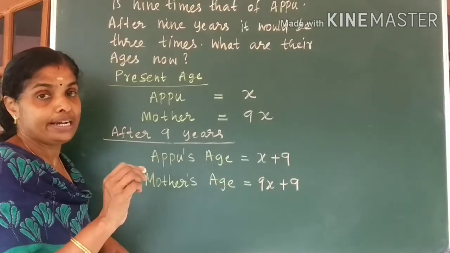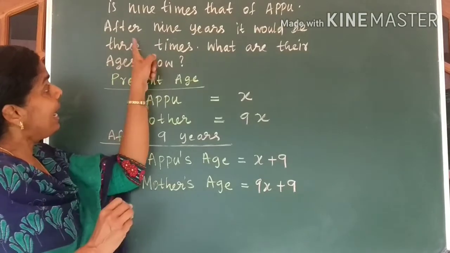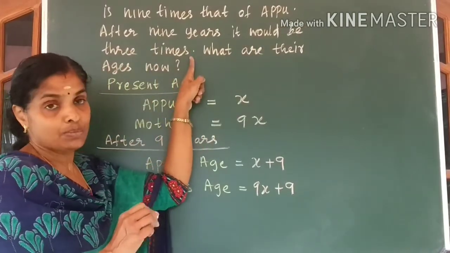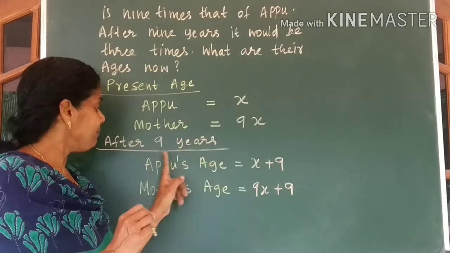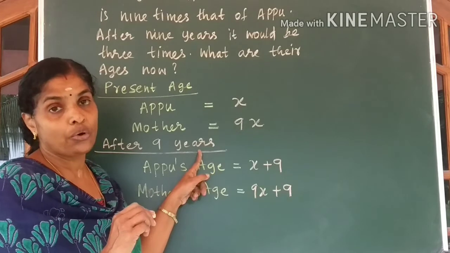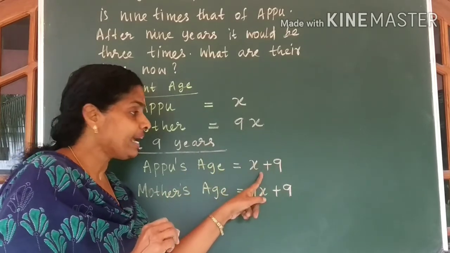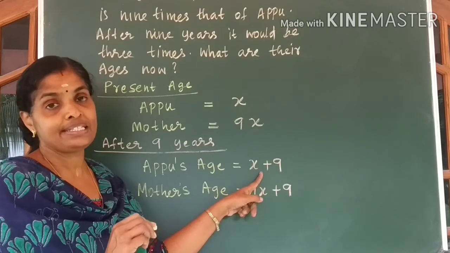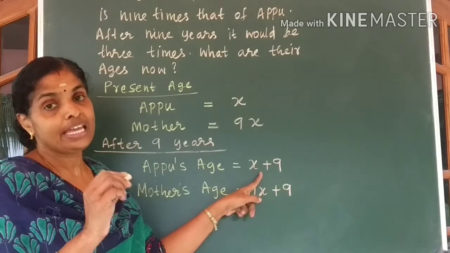Now use the given condition. After 9 years, you are given mother's age is going to be 3 times that of Appu. Okay. So using this, let us write an equation.